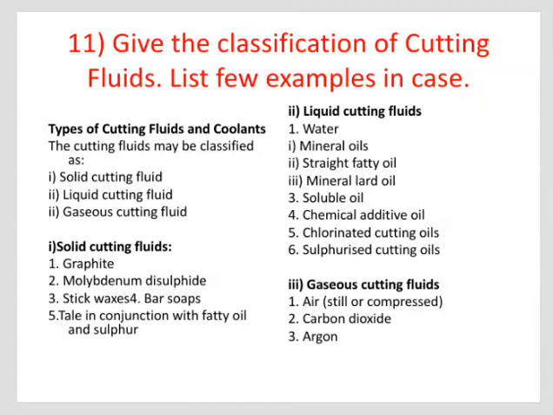Second, liquid cutting fluids: water, mineral oils, straight fatty oil, mineral lard oil, soluble oil, chemical additive oil, chlorinated cutting oils, sulfurized cutting oils. Third category, gaseous cutting fluids, are air, still or compressed air, carbon dioxide, and argon.